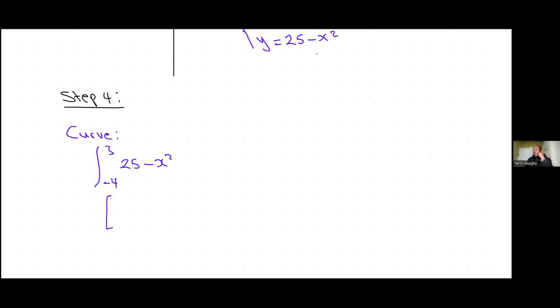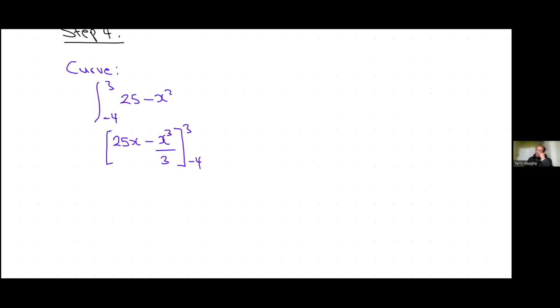Integrating 25 gives us 25x, minus integrating x squared gives us x, 2 plus 1 gives us 3, divided by 3. Okay. Then all between 3 and minus 4. Then you substitute 3 into this, minus you substitute minus 4.